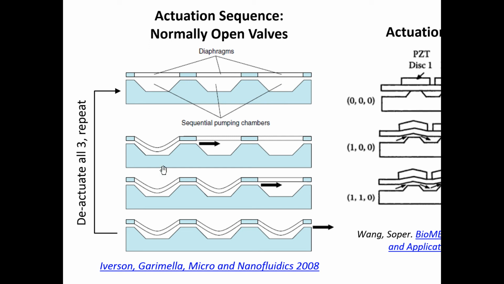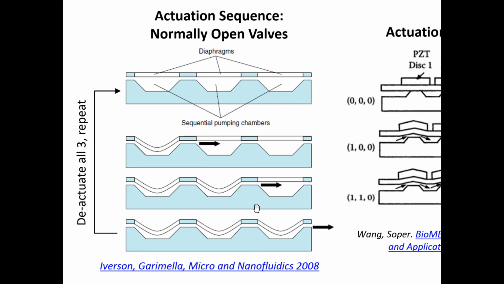But a peristaltic motion is where you have this sequence. So let's say the first one goes down, and then the second one goes down. Now when the second diaphragm displaces down like this, the first diaphragm is preventing any backflow. Right? So the first diaphragm is really serving as a check valve. So when the second diaphragm bends down like this, it pushes the fluid in the forward direction.